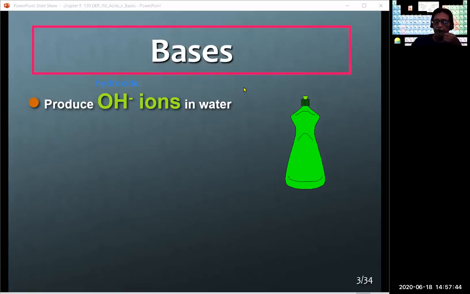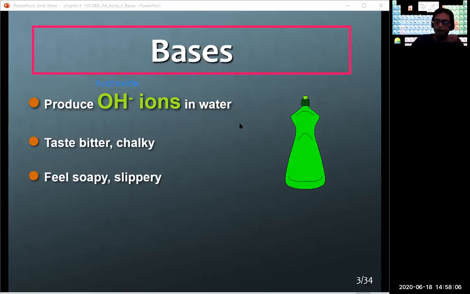Some other ones around there, but generally, I wouldn't recommend tasting them. But they taste kind of bitter. Oh, Liquid Plumber is a good example. Put it in your drain because it's clogged up. It's a very strong base. Don't recommend tasting it, but if you did, it'd be bitter. It feels, when you put it in your fingers, kind of soapy and slimy.